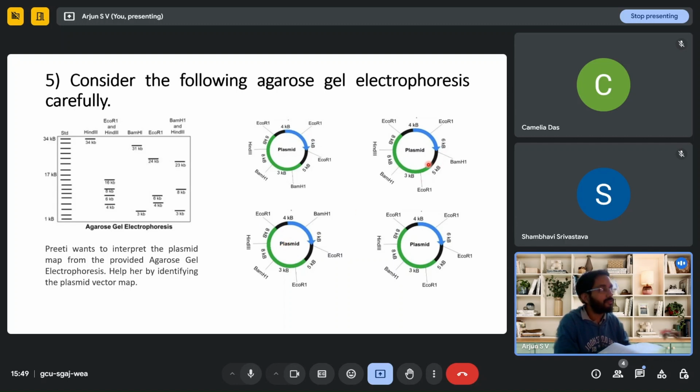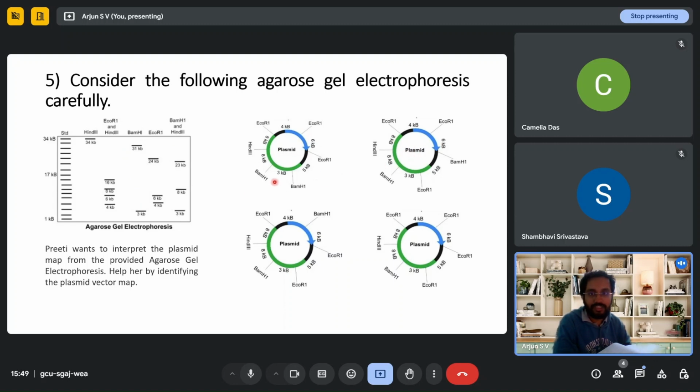If we come to the option of B, let's just say BAM H1 and BAM H1 are here. Even in this case, if the BAM H1 cuts here as well as here, we get 3 plus 5, 8 kilobases, and 8 plus 8 plus 4 plus 6, that is around 26 kilobases. But again, we are getting 31 and 3. So that can't be the correct answer either.